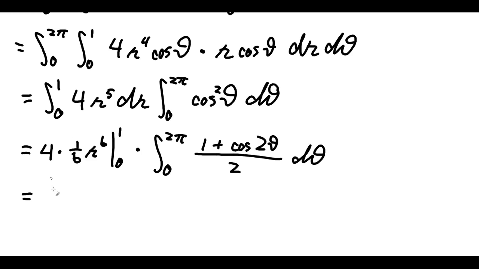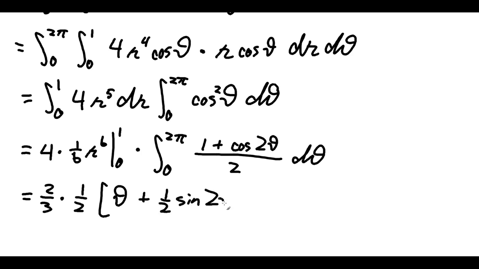So it looks like we have 4/6 or 2/3 times this integral. So we're going to have 1/2 of integrating this. Integrating 1, we get theta. Integrating the cosine 2 theta looks like 1/2 sine 2 theta. We will find out in a moment if I'm doing this correctly.